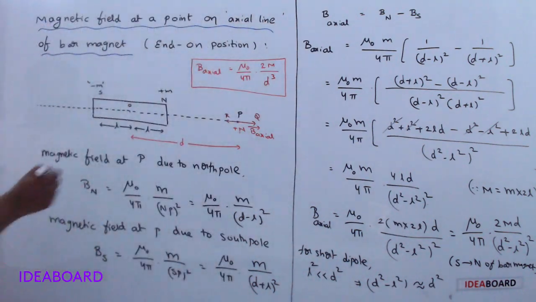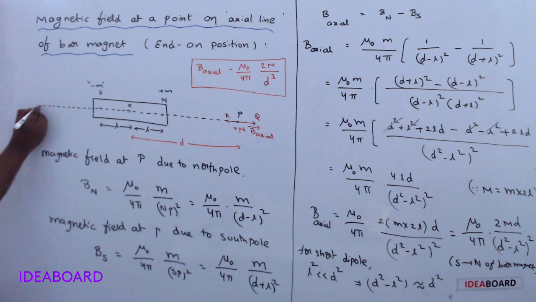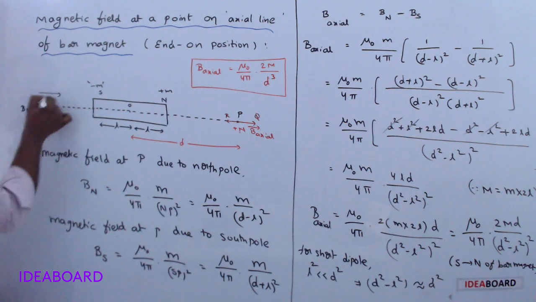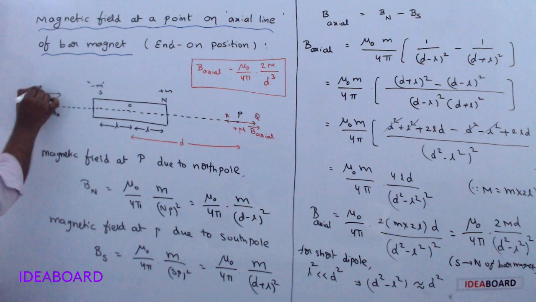If you consider the same point P here, which effect is more? The south pole effect is more compared with the north pole now. Even so, the resultant is along the south to north direction.